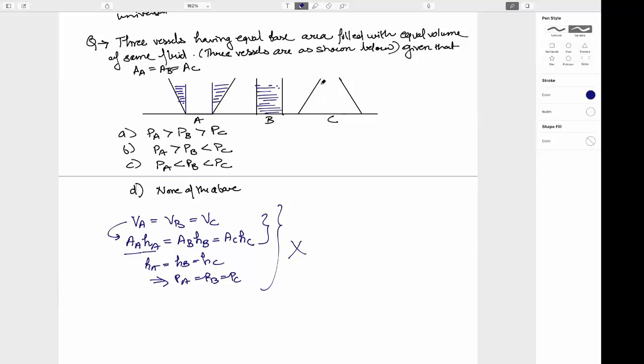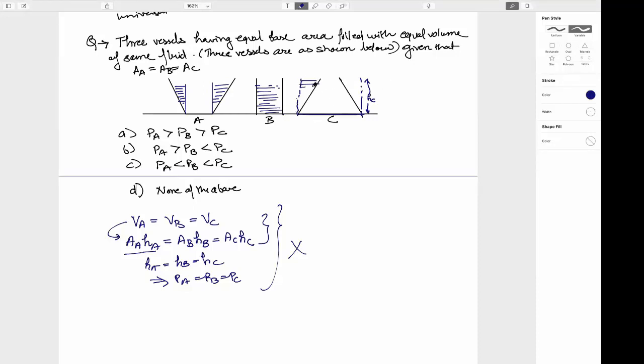But if you take this, if it is HC, the HC should be like this. So A into HC will give you this complete area.